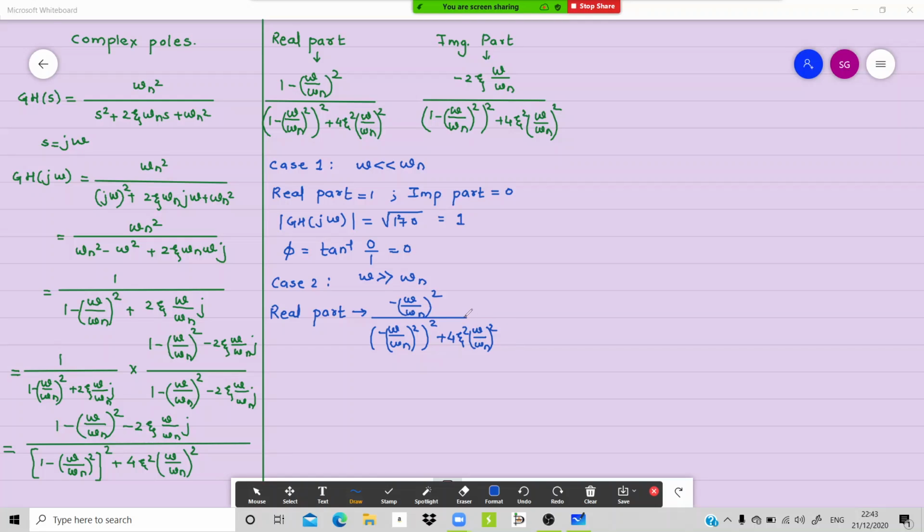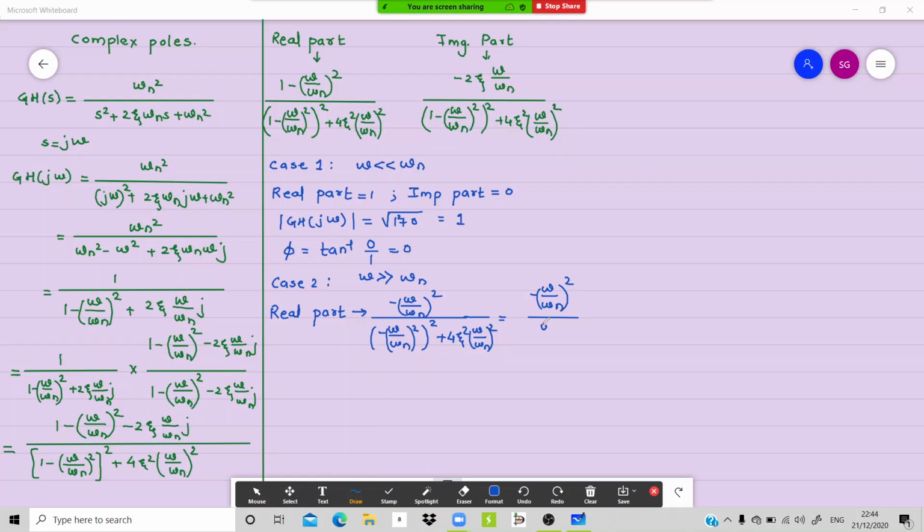Now see, in the denominator we are having a term raised to 4 and another one is a square term. So definitely this term grows much faster when your omega increases, and compared with that this is very less because this is power 4 and this is power 2. So we are trying to approximate and we are trying to see where the value is going to tend, right? So if we neglect this term, we are going to have minus (omega upon omega n) bracket square upon (omega upon omega n) raised to 4.